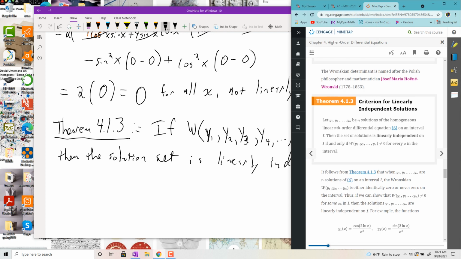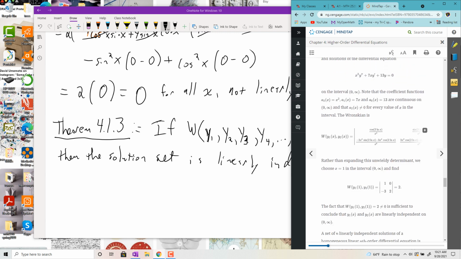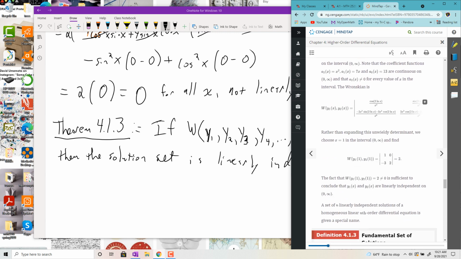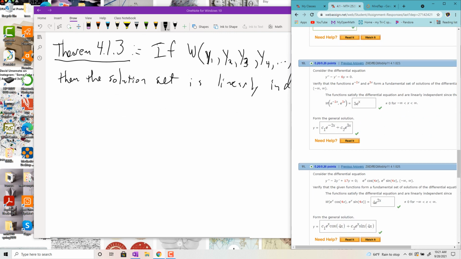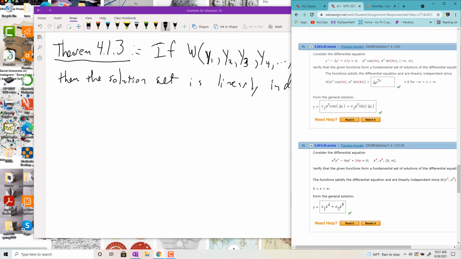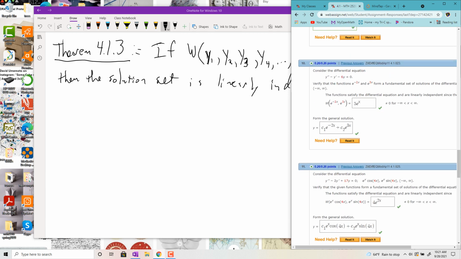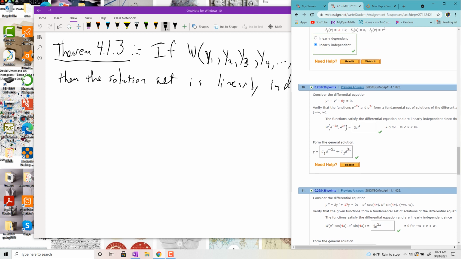Okay. So they give you an example of the book that's kind of nasty. Let's look at something from 4.1. They kind of force you to do Wronskians on certain problems. Some of them are rather nasty. Let's look at number 10.